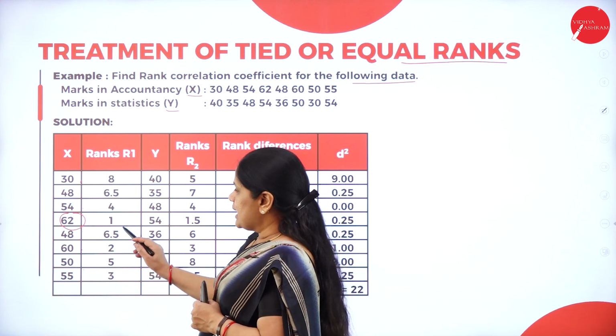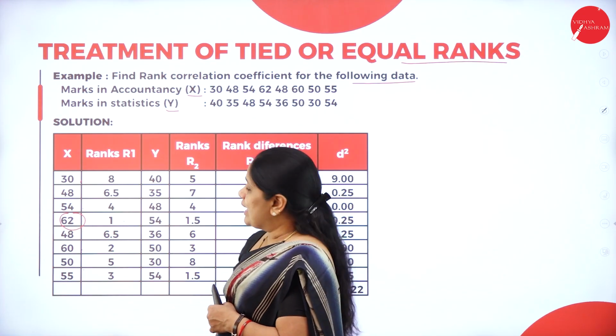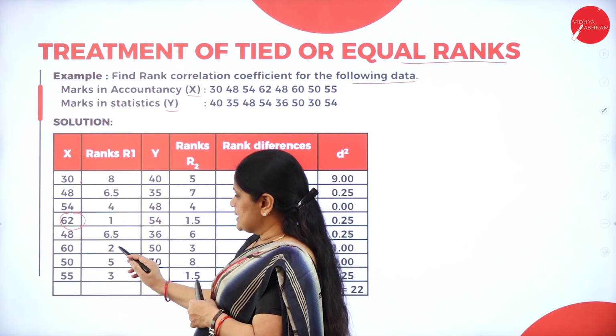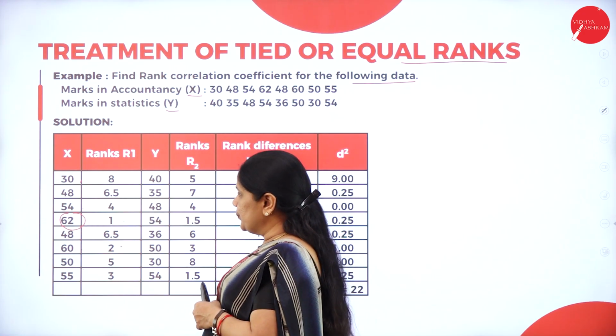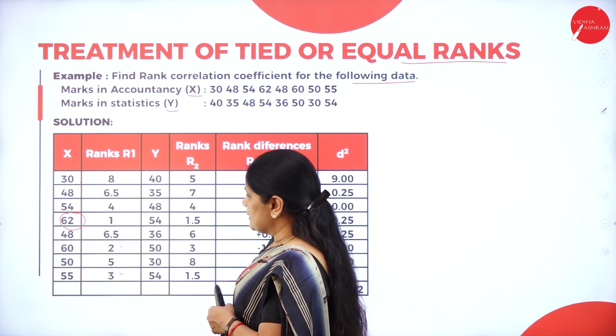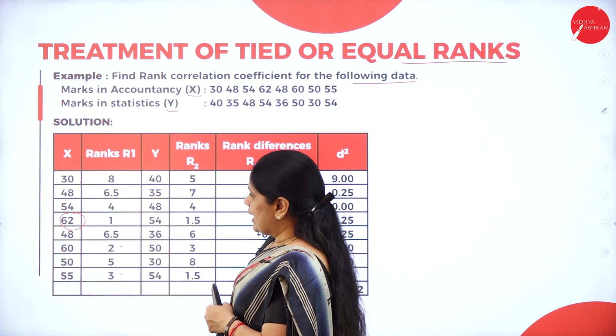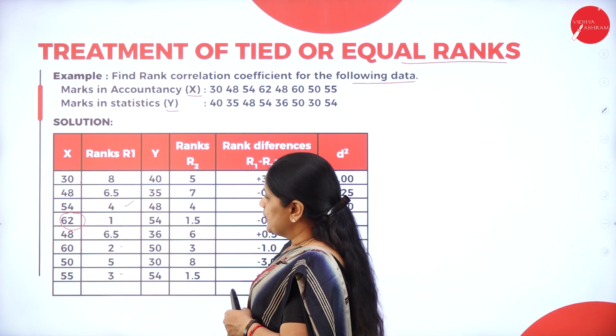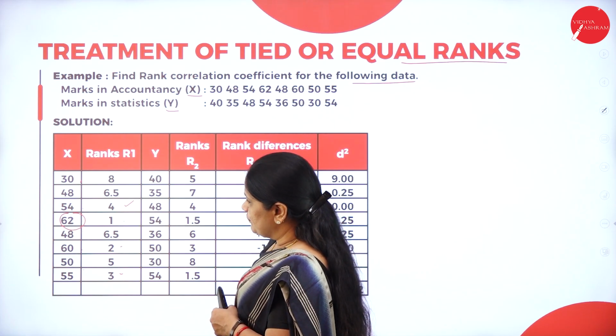So, 62 is the highest score. So, I have marked 1 for 62. Then the next highest is 60. So, it is 2. Then the next highest is 55. So, it becomes 3. The next one is 54. So, it becomes 4.